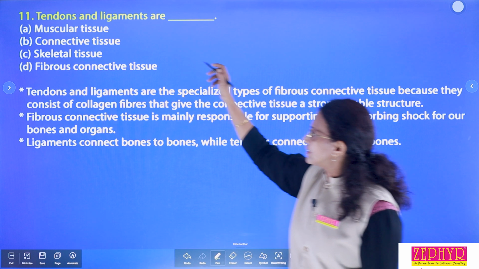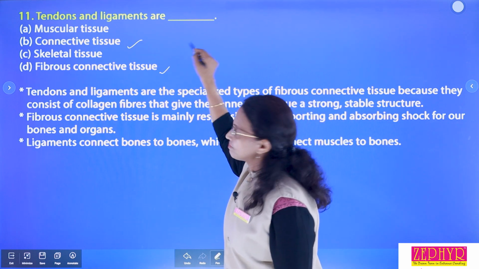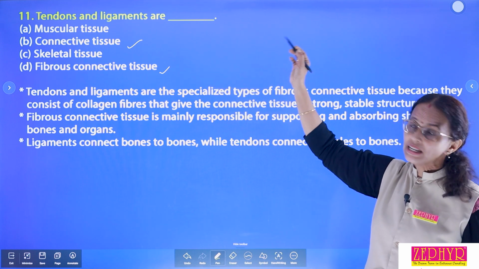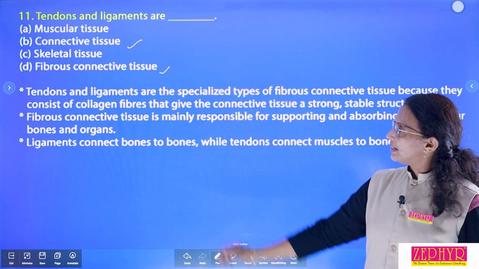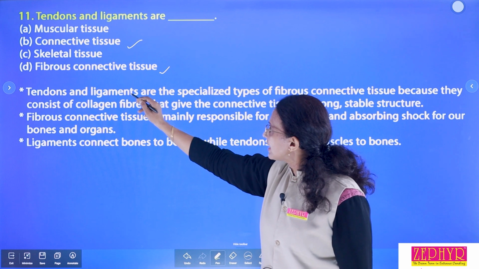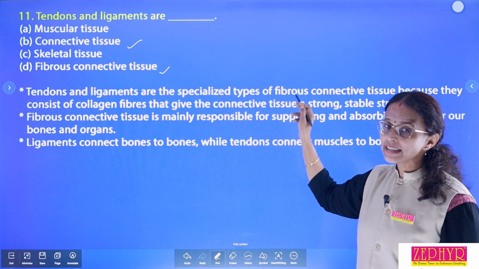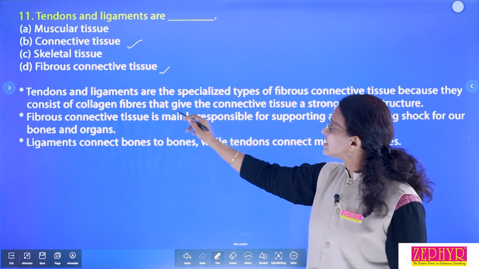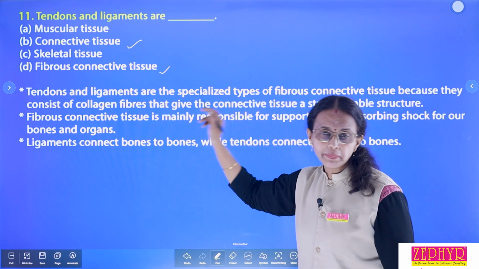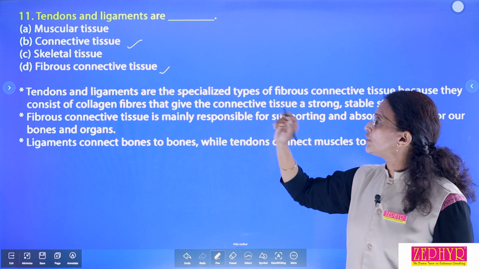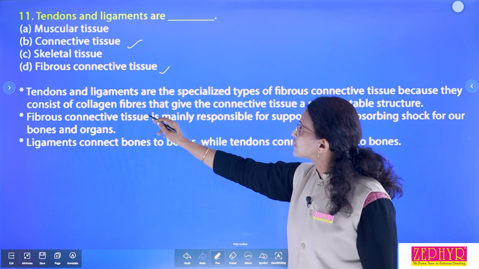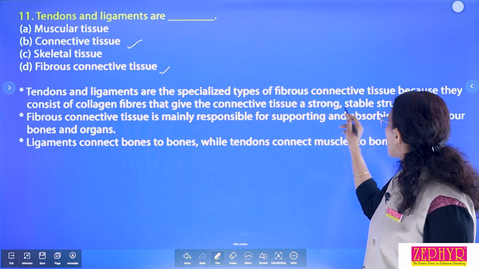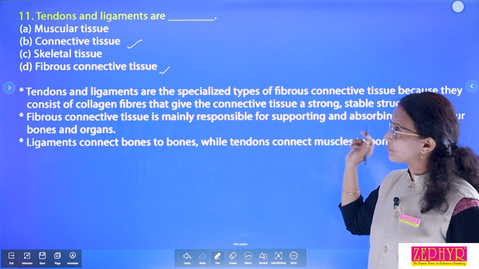Then which is the correct answer? Muscular tissue and skeletal tissue are eliminated. See, tendons and ligaments are a specialized type of fibrous connective tissue because they consist of collagen fibers that give the connective tissue a strong, stable structure.